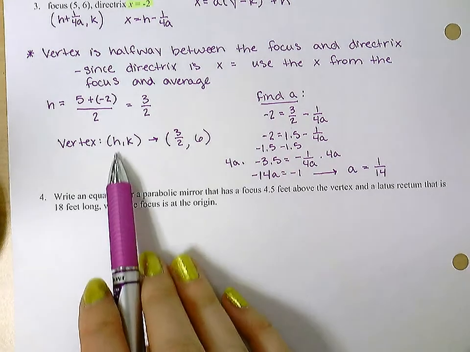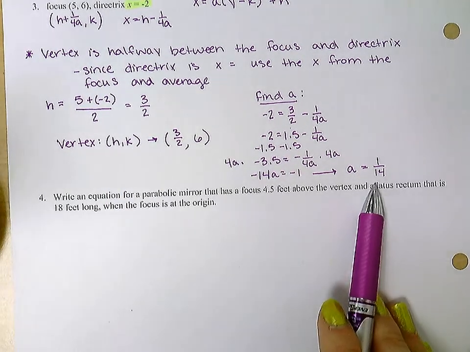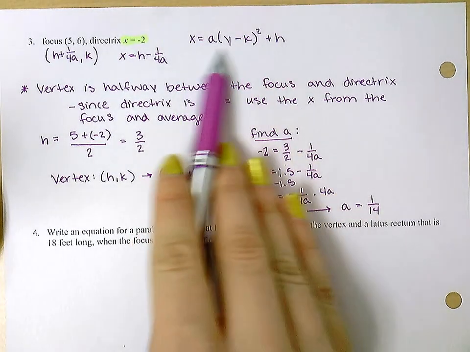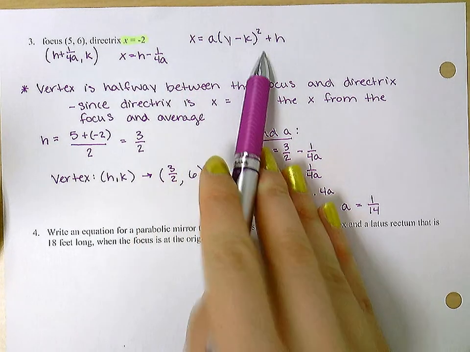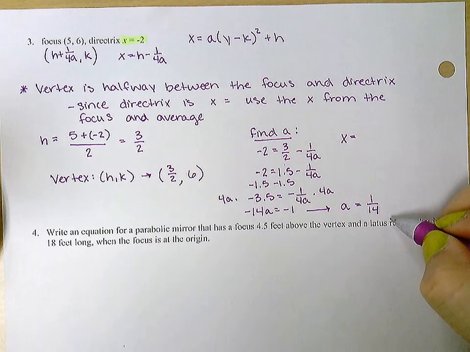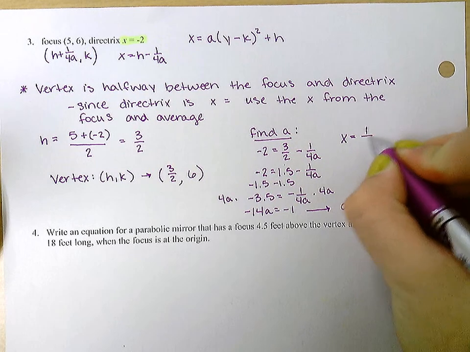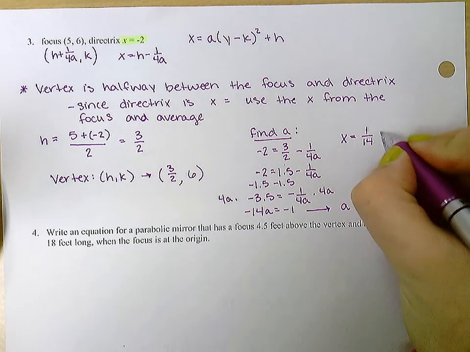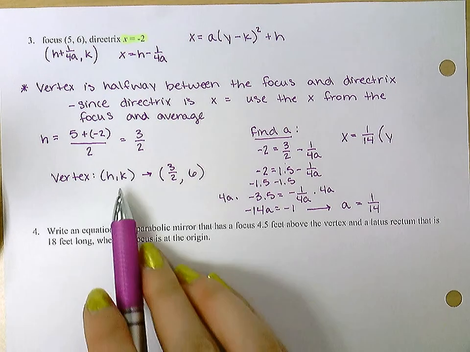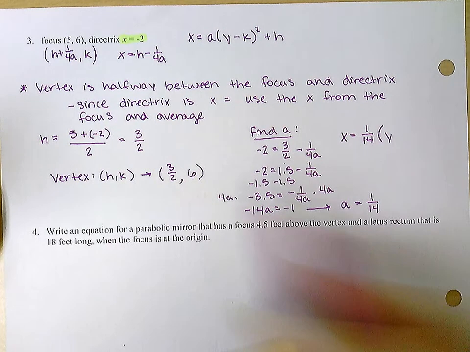Now I have h, k, and a. That's all I need to plug into our form up here. So my equation will be x equals our a value, 1/14, times the quantity of y minus k. Our k value is 6.